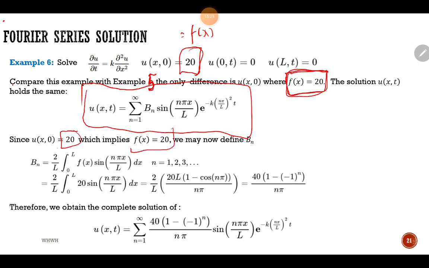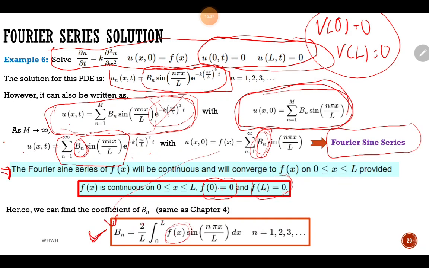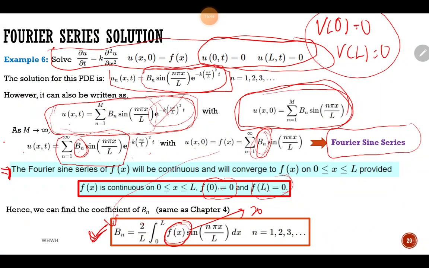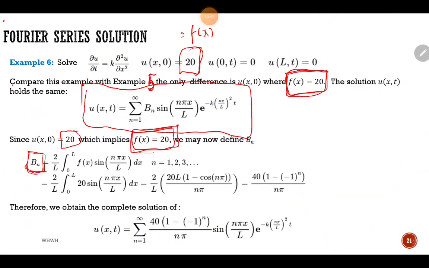Maknanya this fx kita ni sama dengan 20. So, maksudnya you are to find your coefficient bn. Bn ni kita guna je lah formula yang ni tadi. This formula where we ganti fx sama dengan 20. Okay, you replace fx equals to 20 inside the formula.